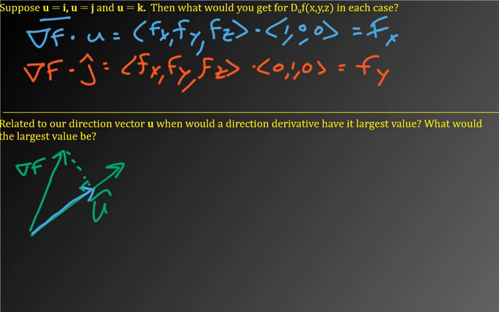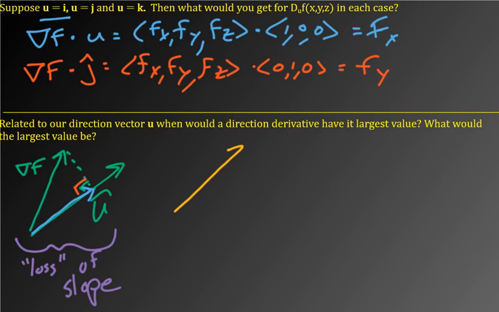And so that, in a sense, acts as a loss of slope, I'm going to say. We kind of lose some of the derivative. So the idea for maximizing the directional derivative is basically if the unit vector and the gradient align perfectly.